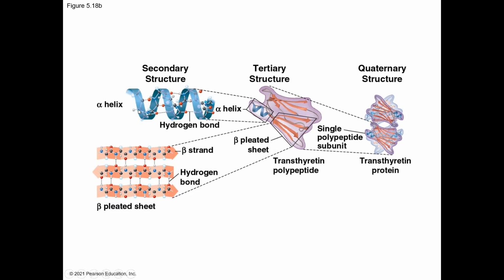So the long chain of amino acids starts to coil and form alpha helixes, or the long chains will start to fold and form beta pleated sheets. And so these secondary structures are what is used to build tertiary structures, and tertiary structures will bind together to form quaternary structures.